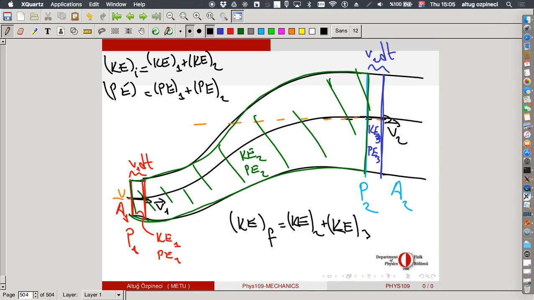That's why I can use the same kinetic energy 2 in the initial case and the same kinetic energy 2 after some amount of time. And the final potential energy will be potential energy 2 plus potential energy 3.